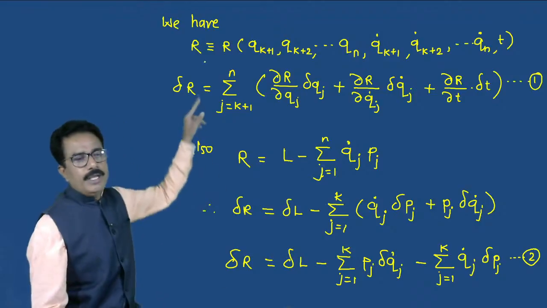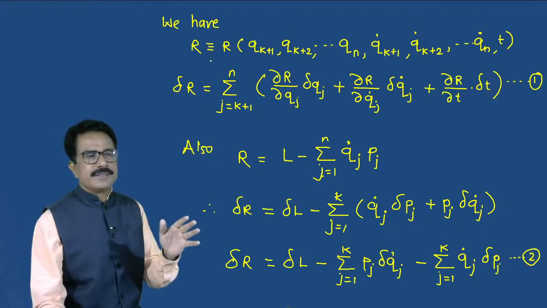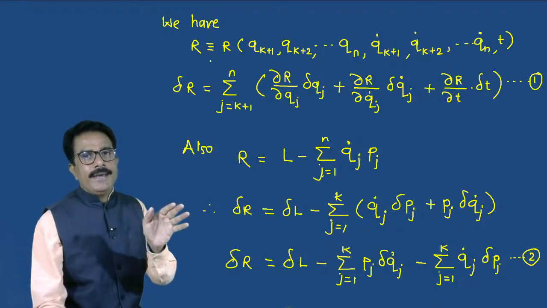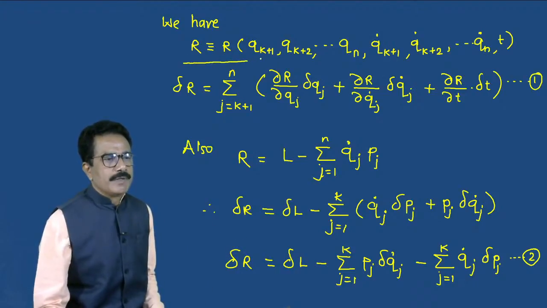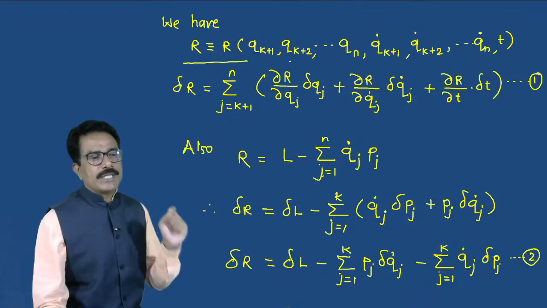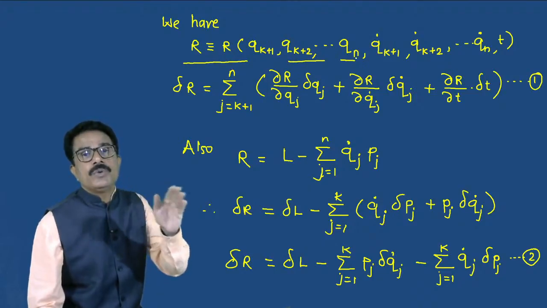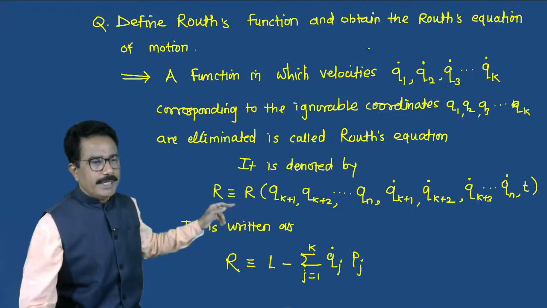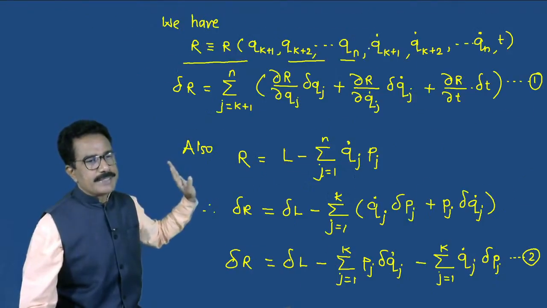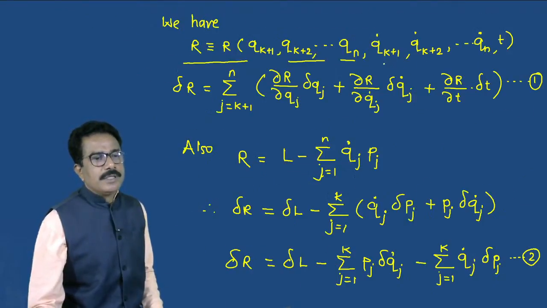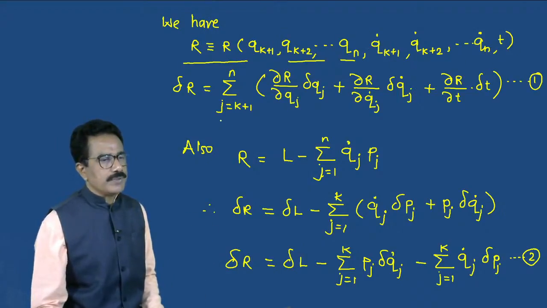Here, according to the Routh function, if we eliminate q1, q2, qk from L, then we get a Routh function. R is equal to R of qk plus 1, qk plus 2, up to qn, because we have removed q1 to qk. The definition says the ignorable coordinates are removed. Now qk plus 1 dot, qk plus 2 dot, and so on.